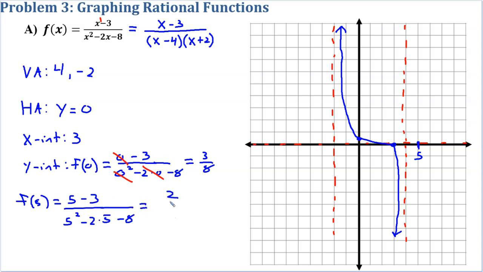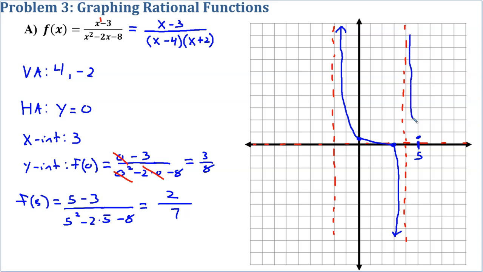So that's going to give me a 2 over, let's see here, 25 minus 10 would be 15, minus 8 would be 7, 2/7. So I can plot a point at about 2/7, and it's really not important what the actual value is. We just want to know if it's above or below that x-axis. In this case, it's above.